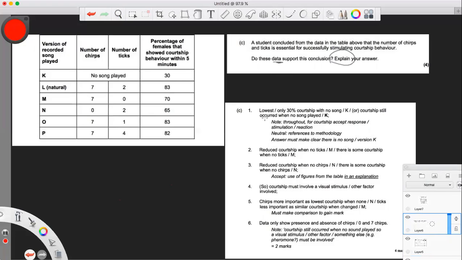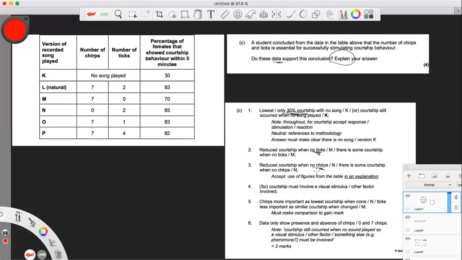If we look at the answer, you can see referencing the fact that in the first one they're talking about K, so only 30% carried out courtship when there was no song. So using data, putting data in. Reduced courtship when no ticks, specifying that there are no ticks.